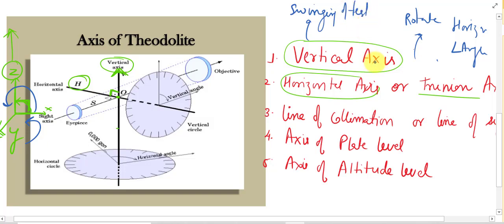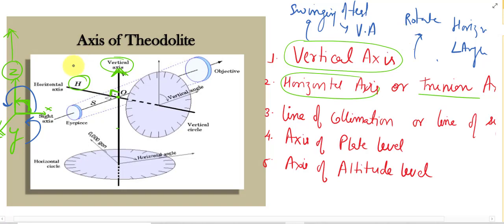So these are the terms related to the two different axes. First is the swinging of the telescope, and rotation about the horizontal axis is known as the rotation of the telescope. Swinging of the telescope gives your vertical angle, whereas rotation of the telescope gives you the horizontal angle.